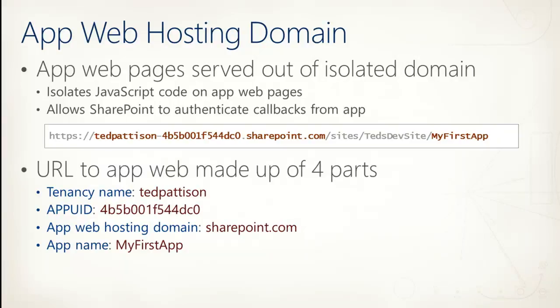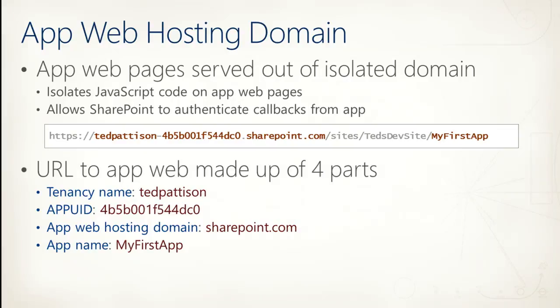First one is the name of the tenancy. Since it's my Office 365 tenancy, it's Ted Pattison. Then they create this unique identifier, the app UID. And every time you create an app and install it, you get a new one of those. If you install the same SharePoint app in two different sites, there'll be two different app UIDs. So really it's the installed instance of the app ID as opposed to the app project ID.